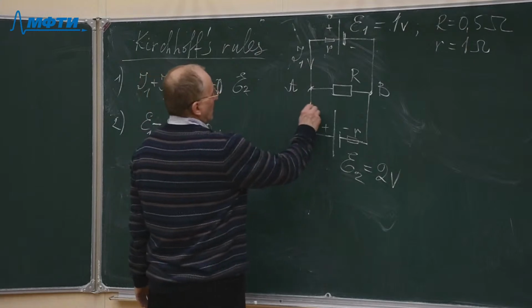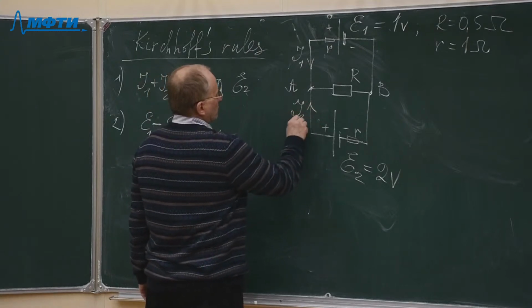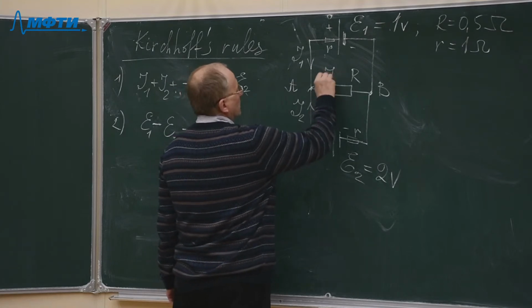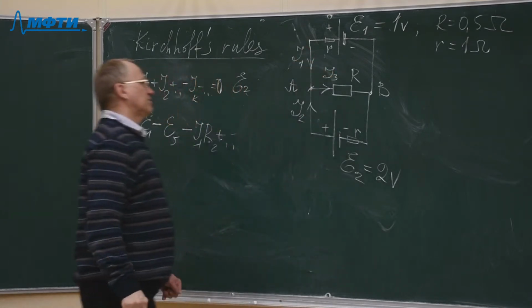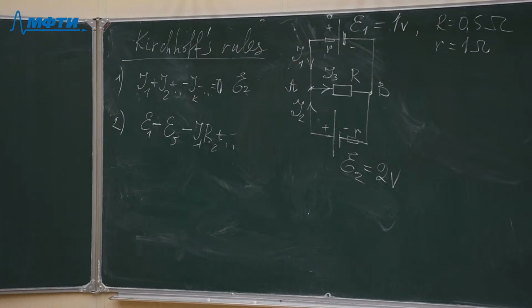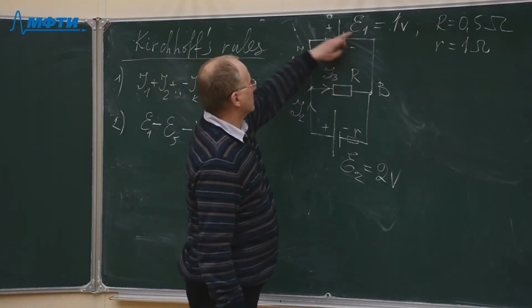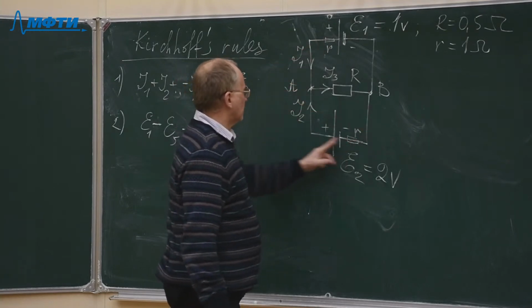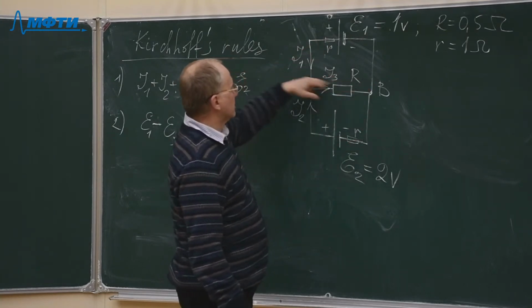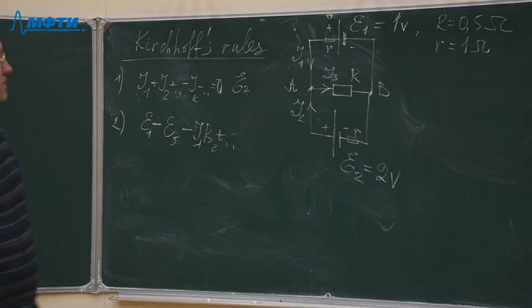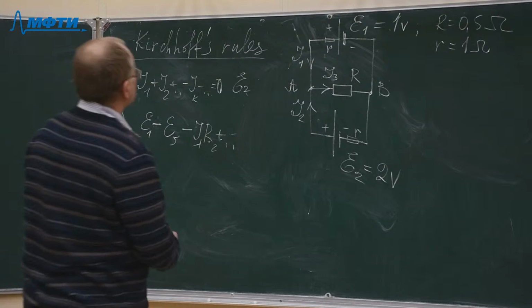It's not a problem. So we choose the direction for the second current, and also there must be a current here, and we must find all these currents: I1 flowing here in this wire, I2 flowing here, and I3 flowing through the resistor R. We have to find all these currents in the problem.